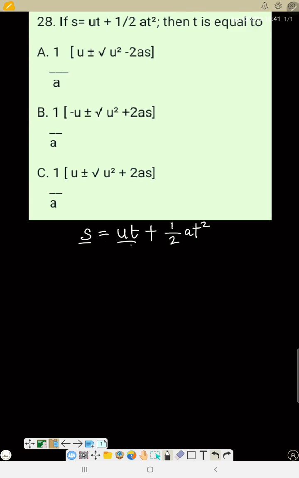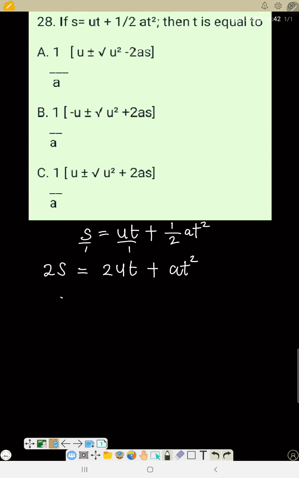So all these are over 1. So multiply everything by 2, because the LCM of 2 and 1 is 2. That will be 2s is equal to 2ut plus at squared. Because if I multiply this by 2 also, 2 will cancel out. So that's why we multiply everything by 2.